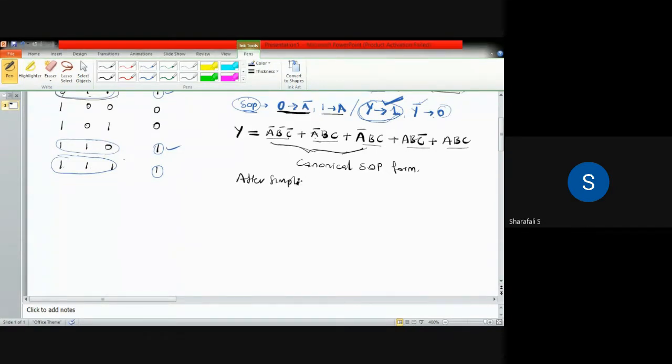After simplification using Boolean algebra, this you can do as homework, so that you will get Y equal to A bar C bar plus B. And this particular expression is called the minimal SOP form.